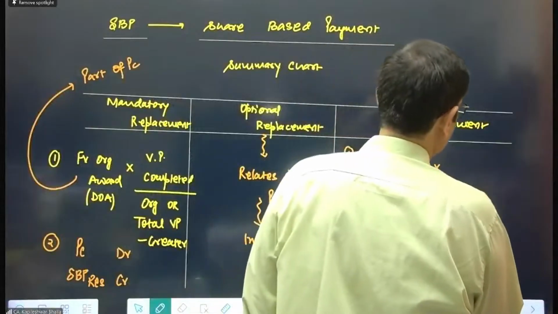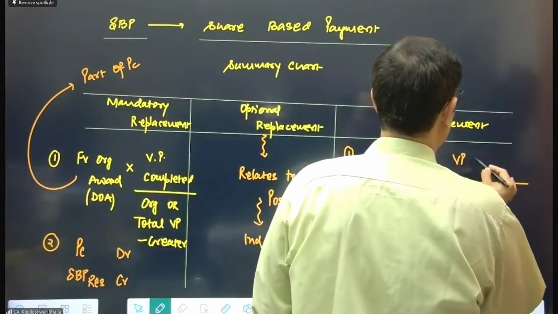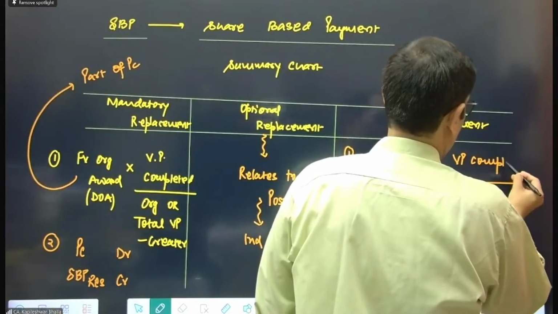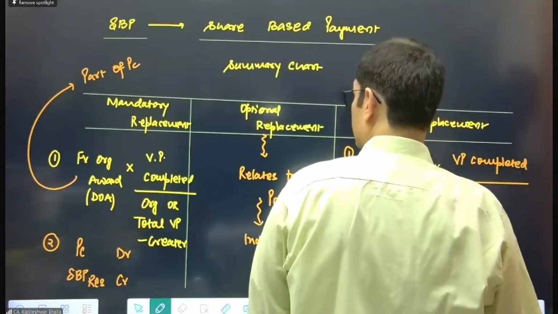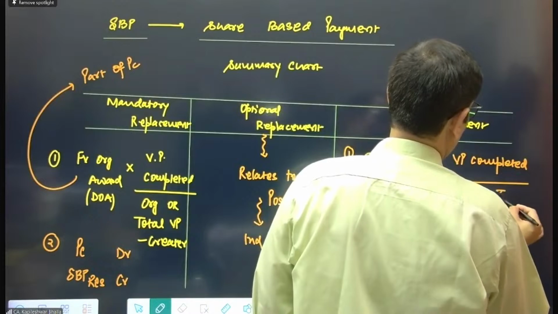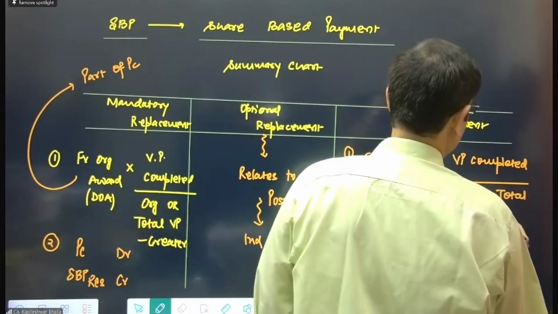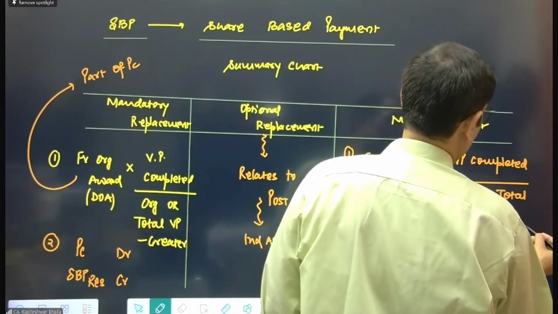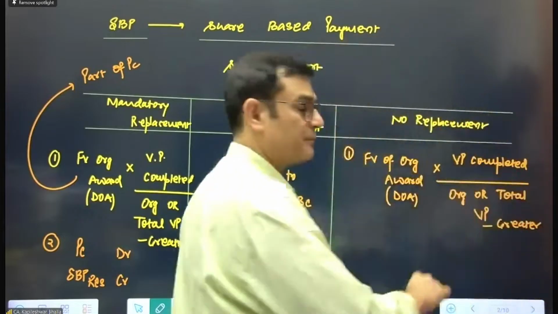Here again, we need to consider a proportion: vesting period completed, divided by the original or the total vesting period, whichever is greater. So no changes at all as compared to mandatory replacement.